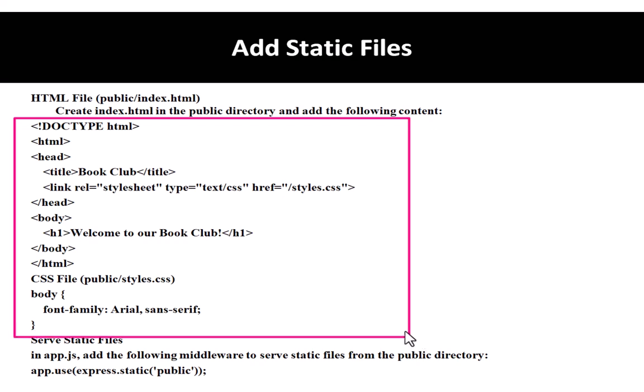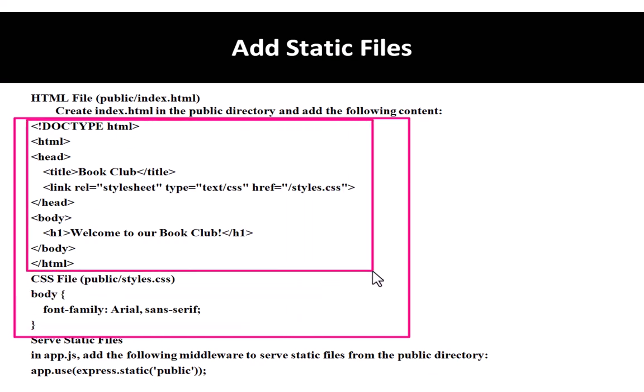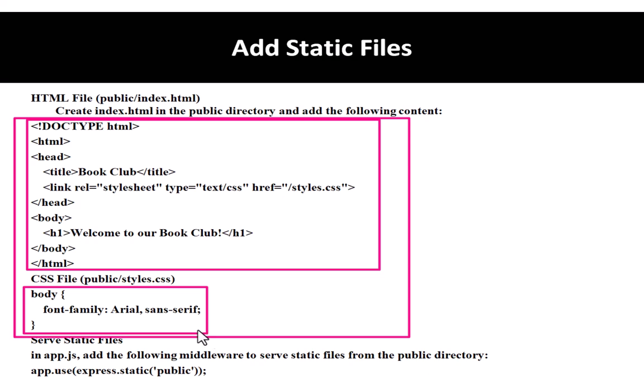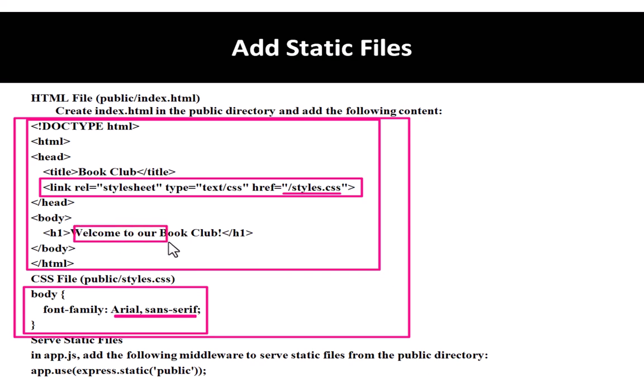We have written the HTML program up to here, and here we have written the CSS script only. The font is Arial, sans-serif. Here we are using a link rel href styles.css, and we are showing a header message, welcome to book club, a simple message.